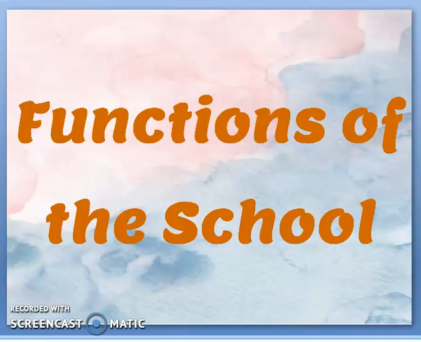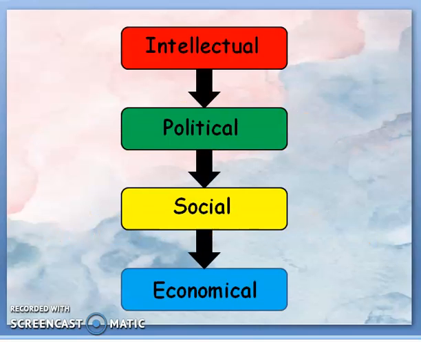Functions of the school. The first function that we have listed here is intellectual. Intellectual means to teach basic cognitive skills such as reading, writing, and mathematics, and to transmit specific knowledge. Political. The political function is to instill allegiance to the existing political order.